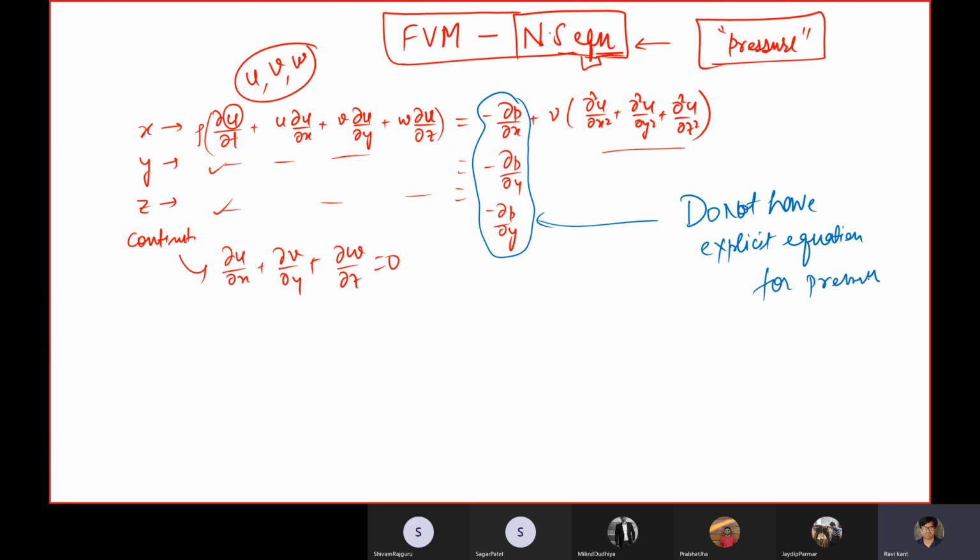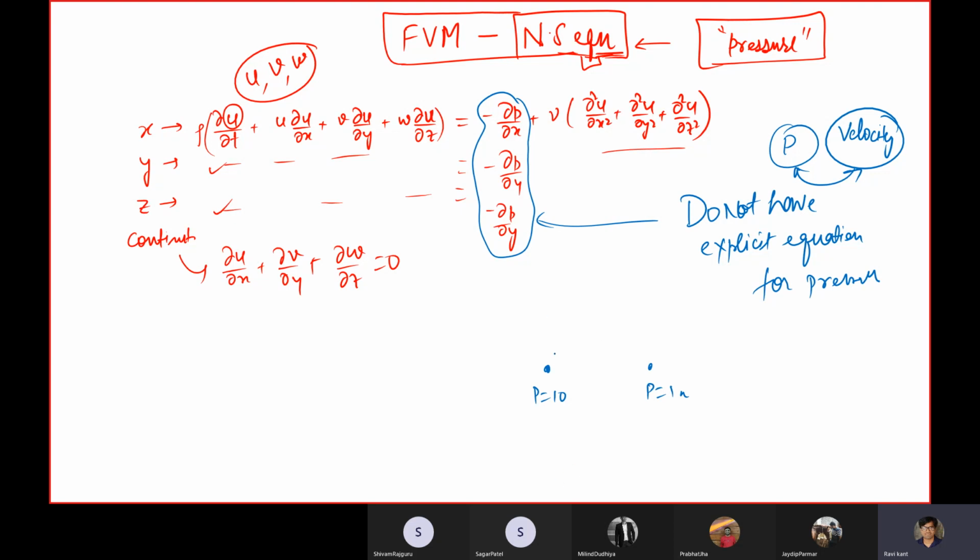Pressure exists only because there is some velocity. Since velocity and pressure are coupled in nature, suppose you have pressure 10 bar here and 1 bar there, so high pressure here and lower pressure there.